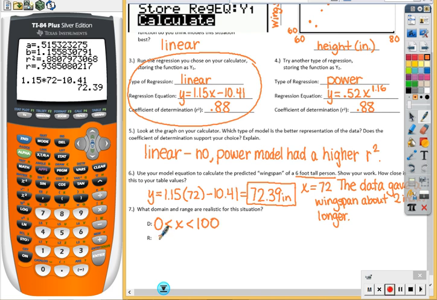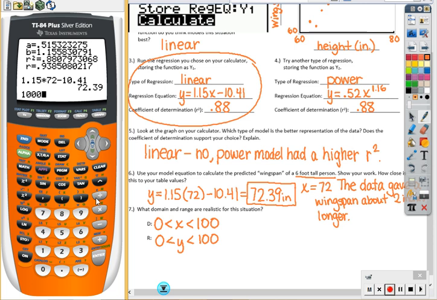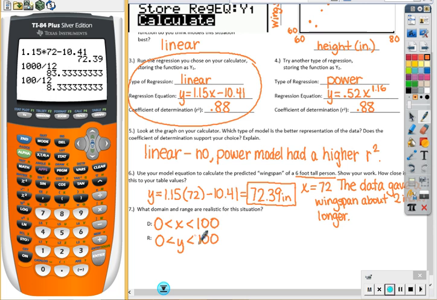And since the y values are pretty close in this situation, I'm going to say the same range. I just got to check. Okay, so I said that my model might work up to 100, what'd you say? Oh, 100 divided by 12. Yeah, so it goes up to like an 8 1/3 foot person. So I think that's a good enough domain and range.